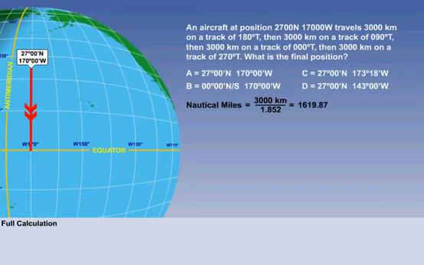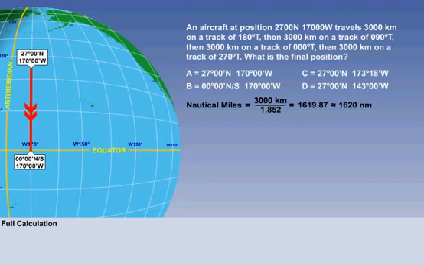For all practical purposes, we can treat this as 1,620. Divide 1620 by 60 to get the number of degrees, and we find it comes to 27 degrees. We are at the equator on the same longitude.